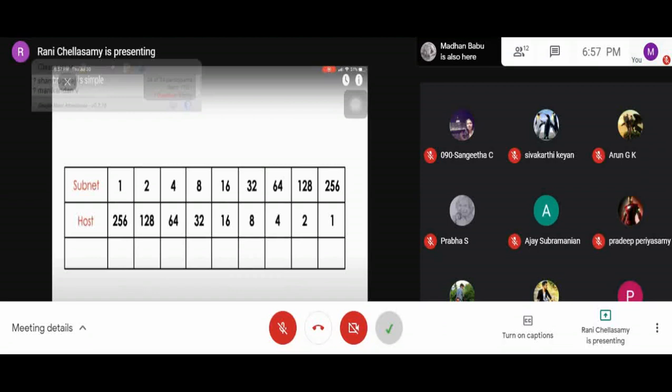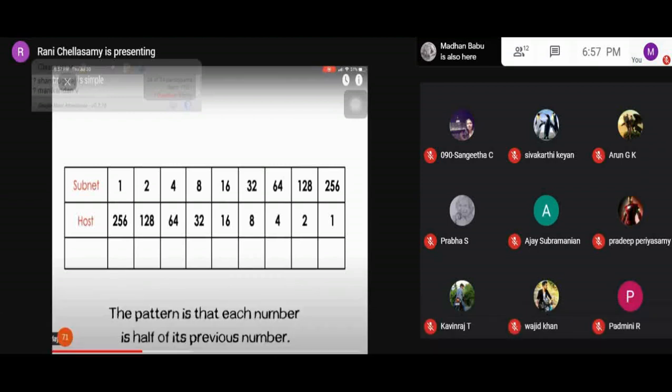Each and every number is half of the previous number. 128 is half of the previous number 256, 64 is half of 128, 32 is half of 64, likewise.